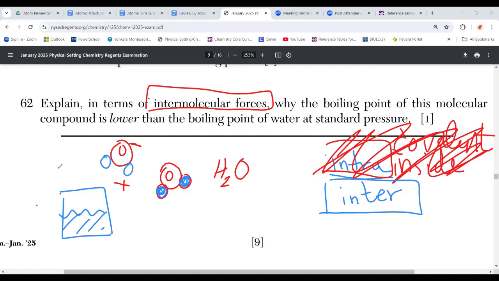This is not ionic. But it's enough of a charge to make these guys want to hang out with each other. This positive end, where the hydrogens are, is going to get attracted to the negative end of the molecule, which is where the oxygen is. Okay, they sometimes make you draw this on a Regents, so you should really review it. I have a lot of pictures of it in my intermolecular slideshows.